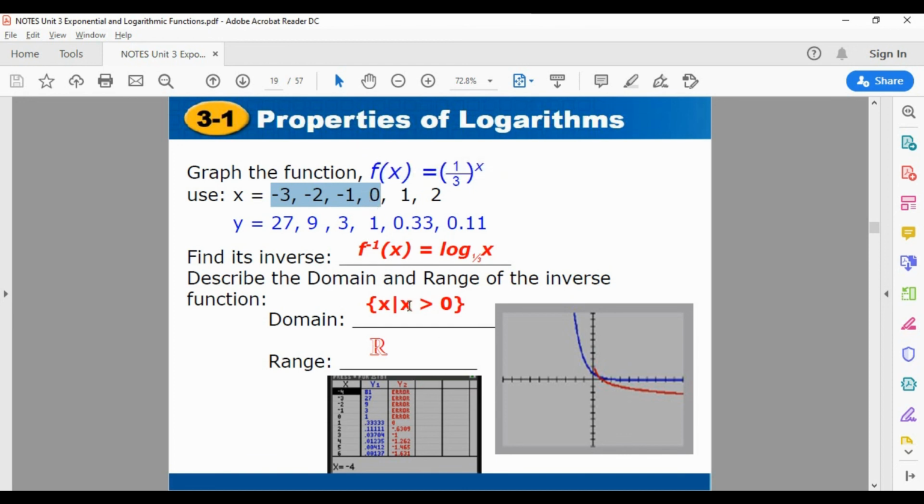That's because it was not defined within the domain. You have to be greater than 0 for the logarithm. But for any value that you can think of in the range, there does exist some value x that's going to give you that number.